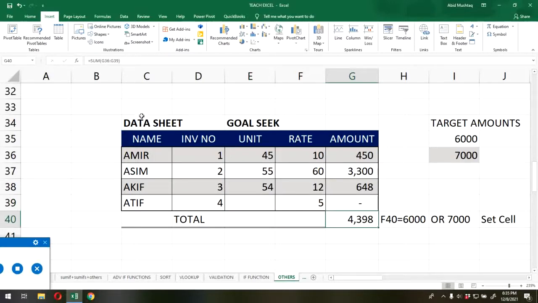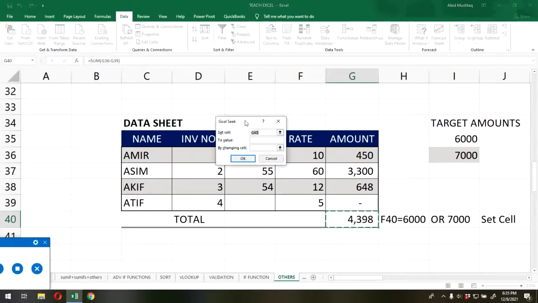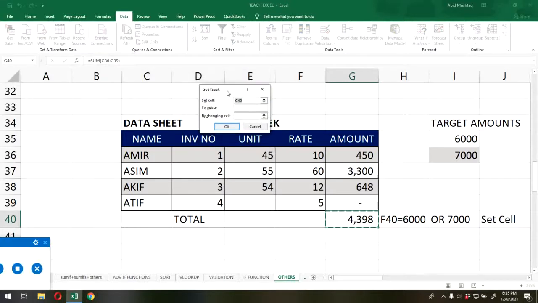First of all, we will use the function goal seek. First of all, we go to the data and then what if analysis, and then goal seek. In the goal seek, here a box opens. First of all, it's asking for some set cells.